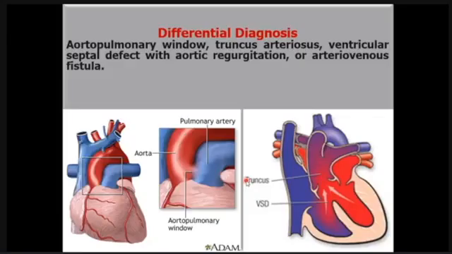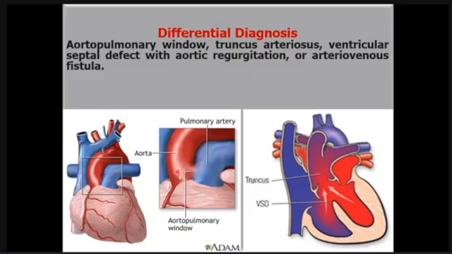And the differential diagnosis of PDA: anything which causes continuity between the arterial and venous, between the aortic and pulmonary systems, may give a murmur similar to that of PDA. For example, we have a defect called aortopulmonary window defect.